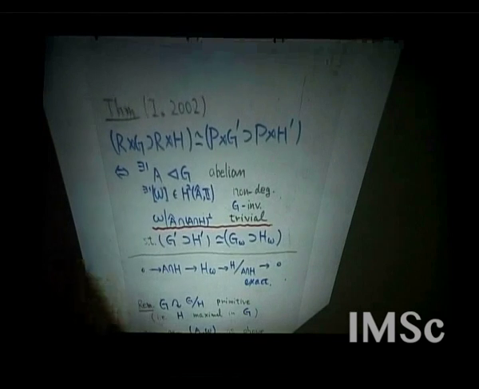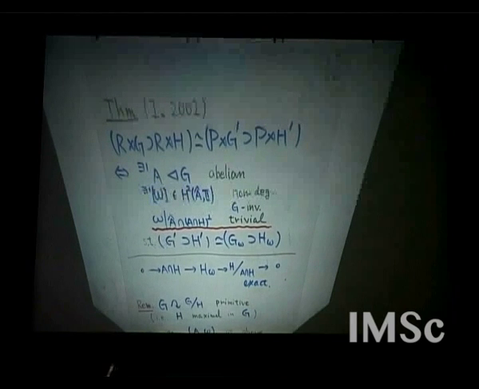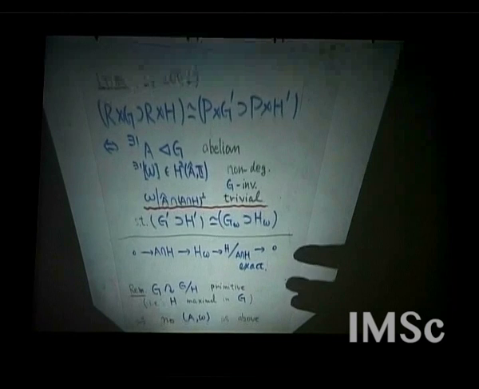So here is my characterization. You consider two pairs of groups, H in G and H prime in G prime. Then the two group-subgroup subfactors are isomorphic if and only if the following conditions are satisfied.